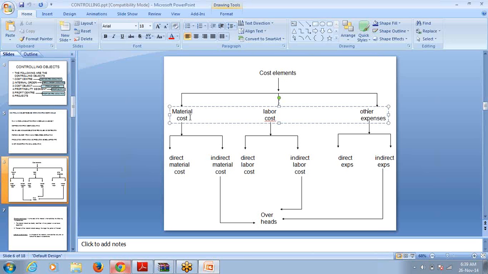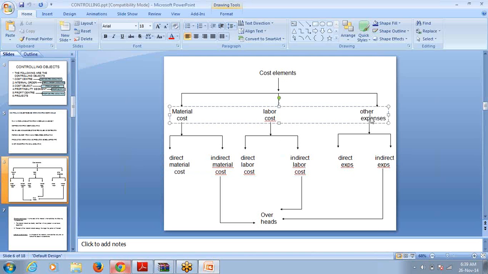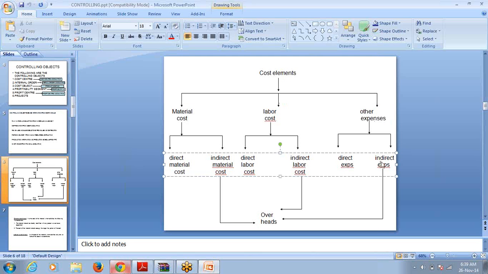The cost of any product will contain mainly three components: material cost, labor cost, other expenses. Then again, material cost is divided into direct material cost and indirect material cost. Similarly, labor cost is divided into direct labor cost and indirect labor cost. Similarly, other expenses are divided into direct expenses and indirect expenses.